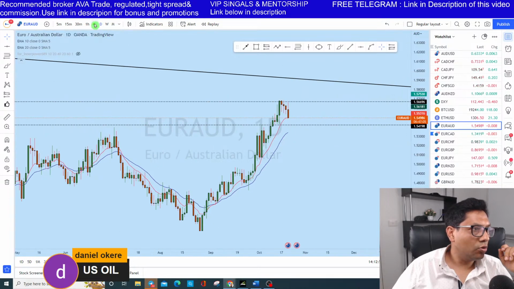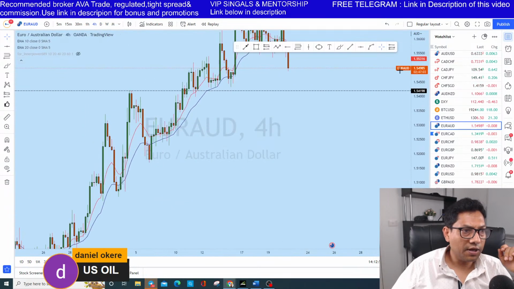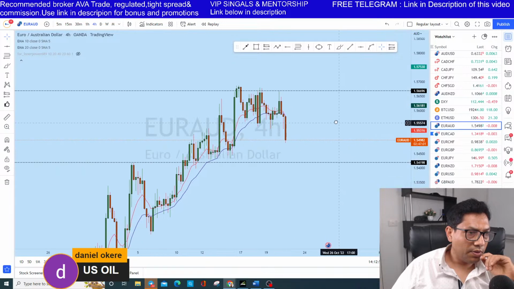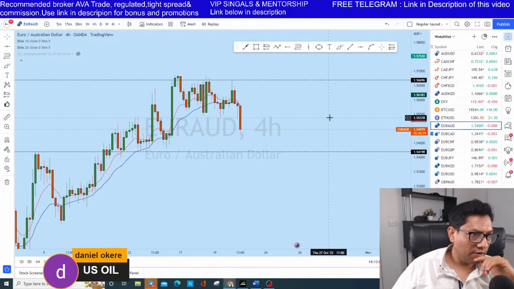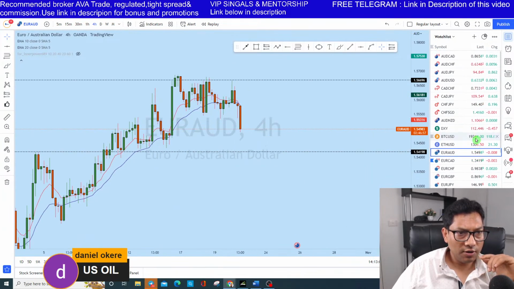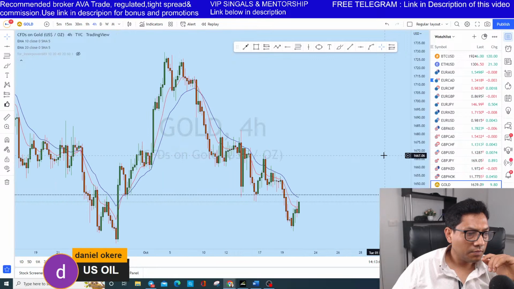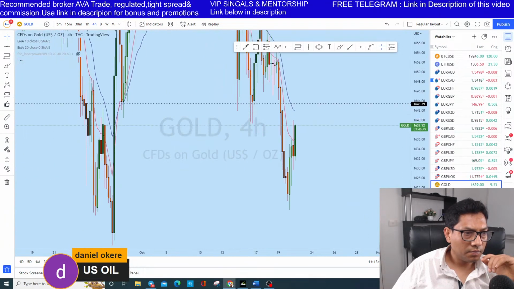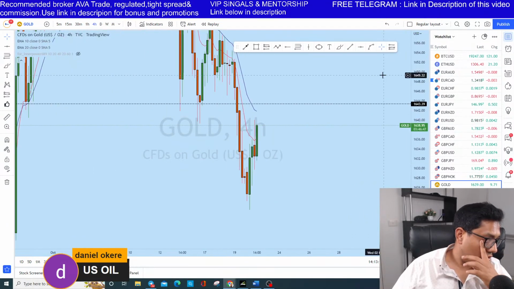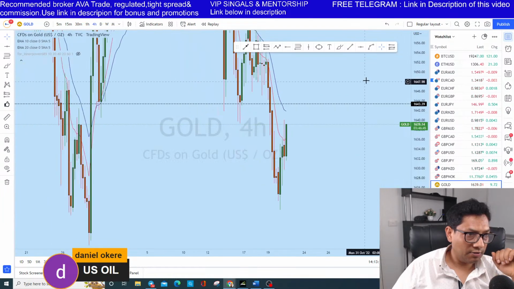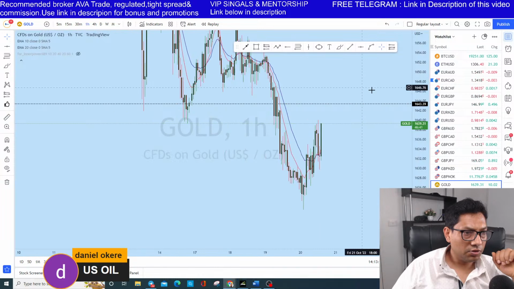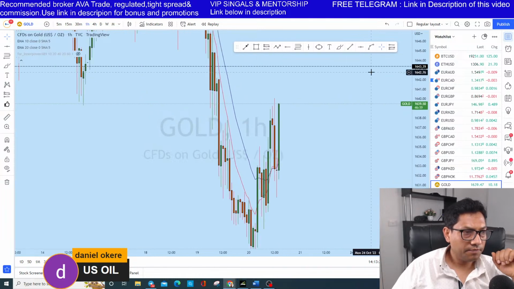Okay, we see that Euro AUD is also aggressively coming down. So some of the pairs really strongly reversed, including Euro AUD. Gold notoriously going up. What I think is that it's just unusual movement.